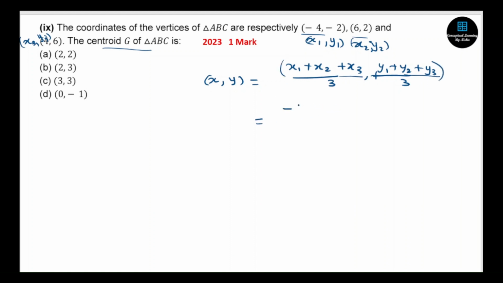So put the values correctly to avoid mistakes. Here x1 is negative 4, x2 is 6, and so on, upon 3. Here it is negative 2 plus 2 plus 6 upon 3. On solving this, what do we get? (2, 2). So the correct option is option A. Perfect.